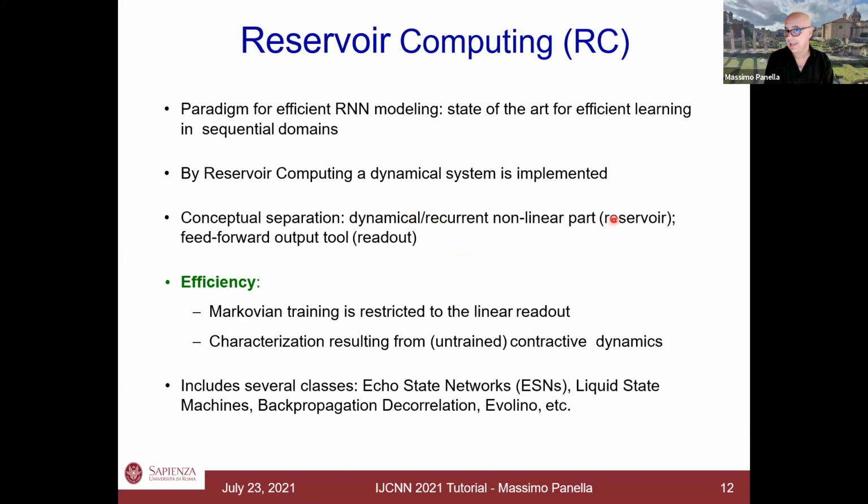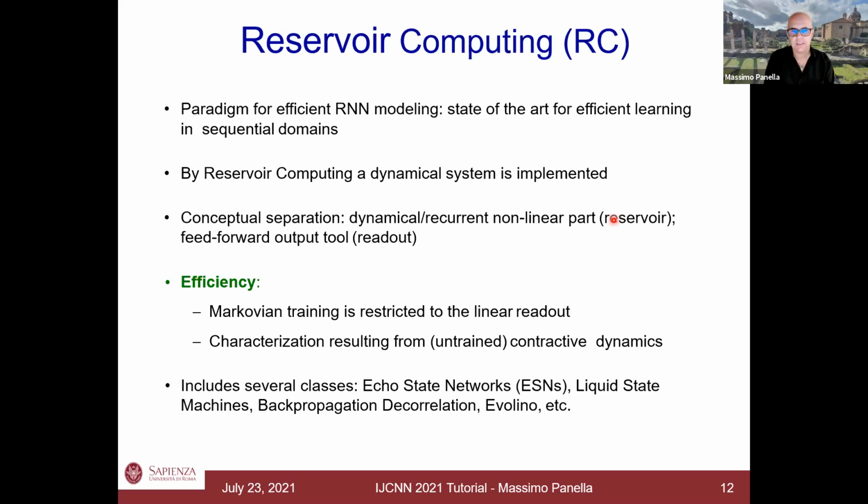And in reservoir computing, this recurrent part is randomized in such a way that training is not necessary. Only the readout part, which is typically linear, so we have a model linear in the parameters, as we will see, is trained, usually by a regularized least square approach.